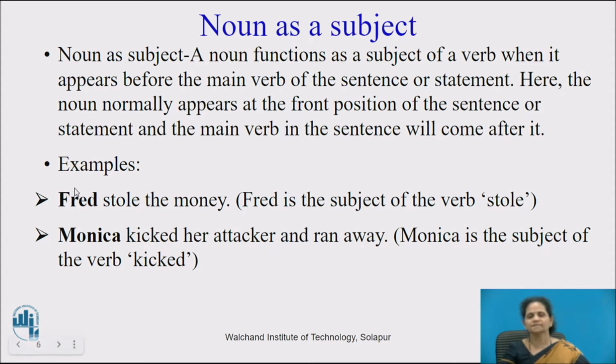See the examples. Fred stole the money. So, in this sentence, Fred is the subject of the verb stole. Then the second example, Monica kicked her attacker and ran away. So, Monica is the subject of the verb kicked.